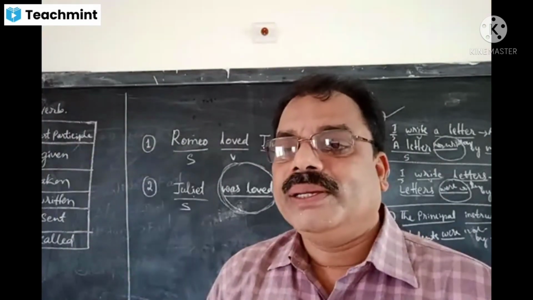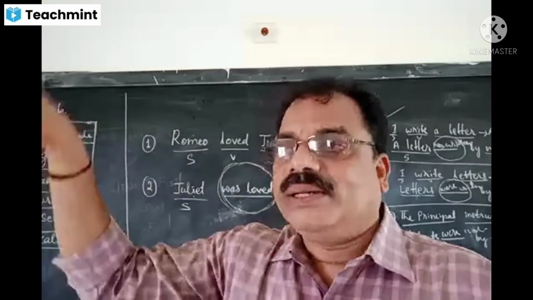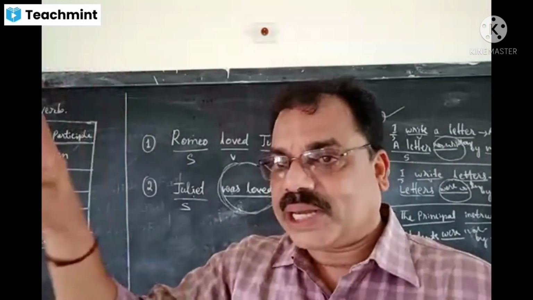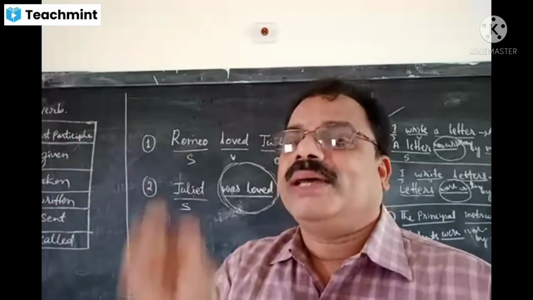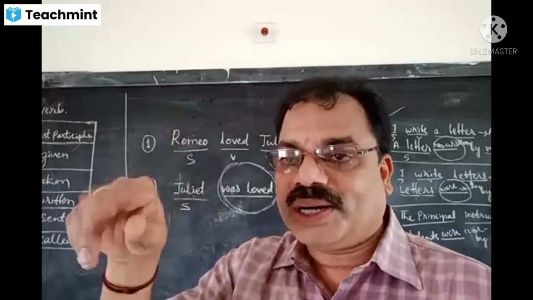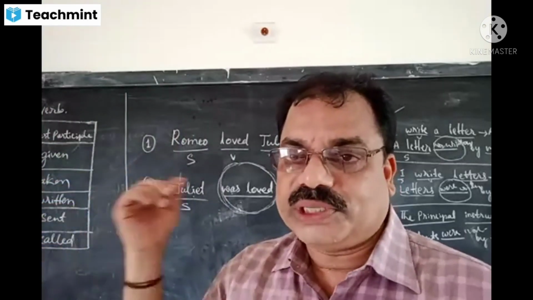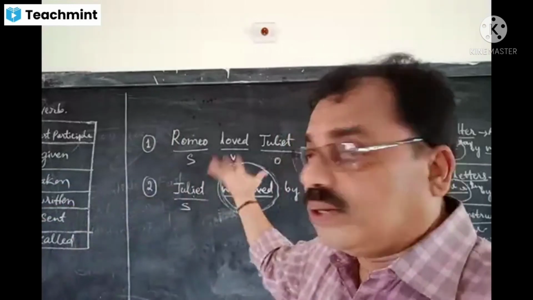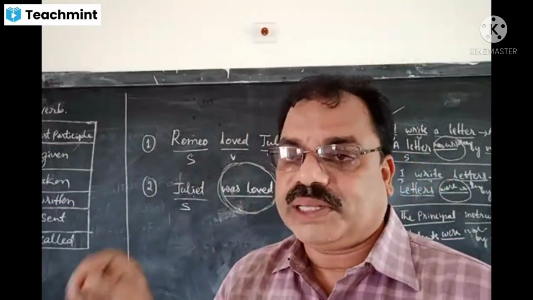The criminal dash, in brackets sentence, by the king? The answer is the criminal was sentenced. Why? You know the singular and plural form of the subject. The criminal was sentenced by the king.